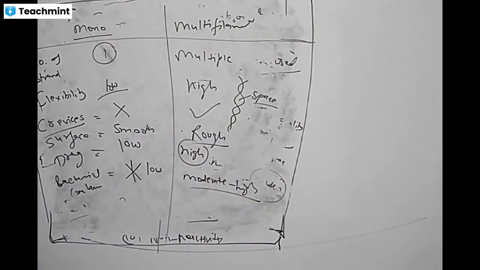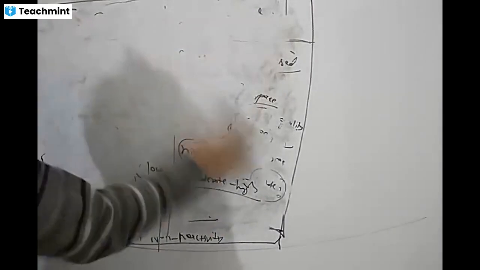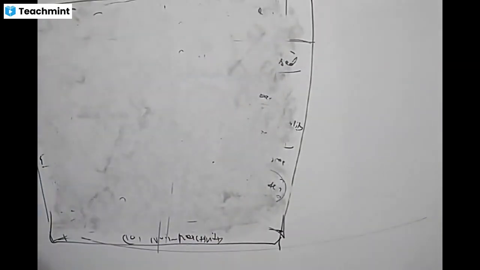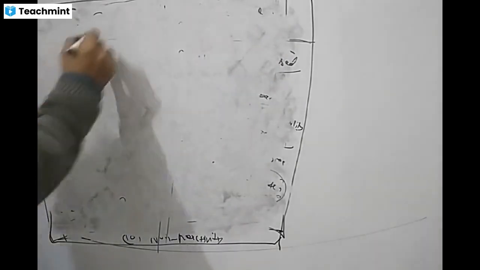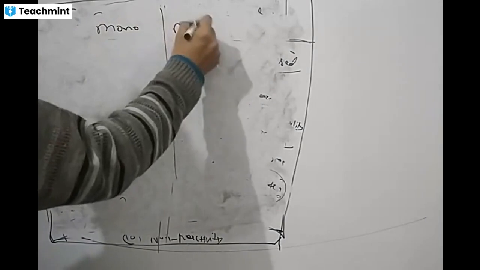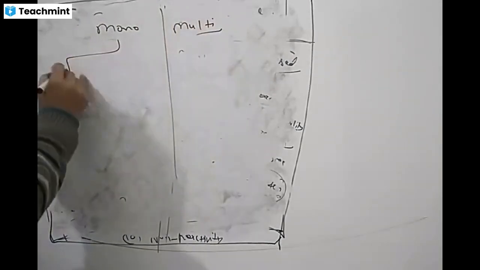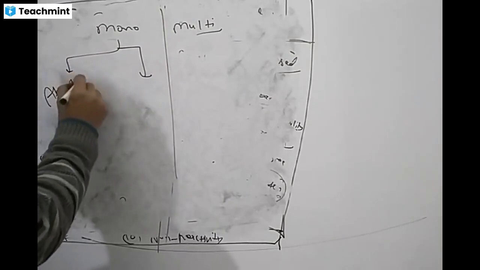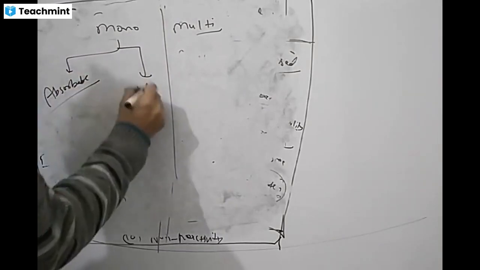So these are some of the example differences between mono and multifilament. From this mono and multifilament, there was one MCQ asked in your ICAR 2002. Monofilament may be absorbable or non-absorbable.